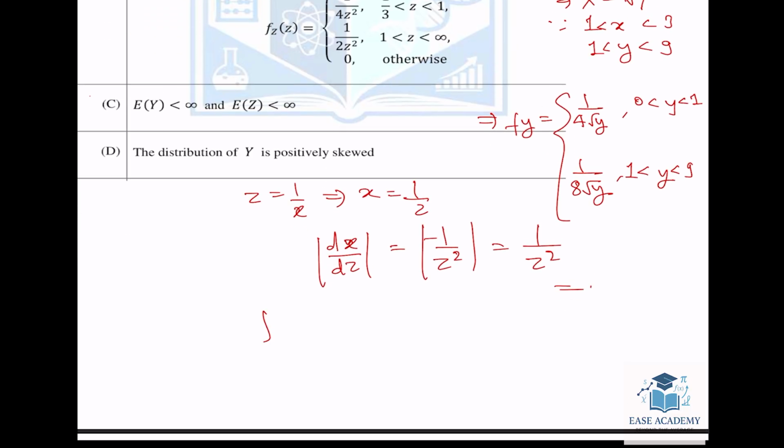And f_Z would be f_X into the absolute value of dx by dz.